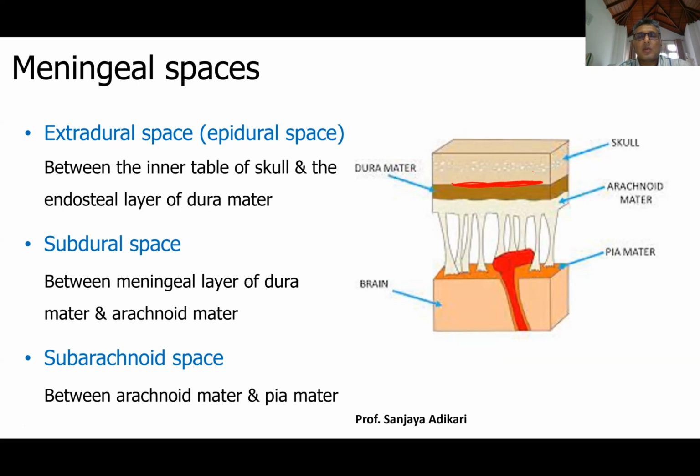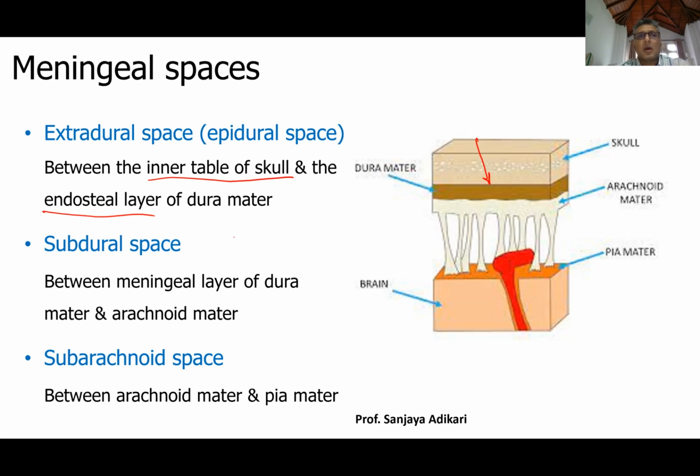So here, when I say dura mater, it is the full dura mater. Okay, it's actually the space between the endosteal layer of dura mater and the inner table of the skull. Okay, endosteal layer, inner table of the skull. So I have written it here, inner table of the skull and the endosteal layer of dura mater.